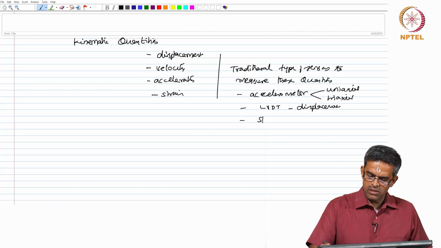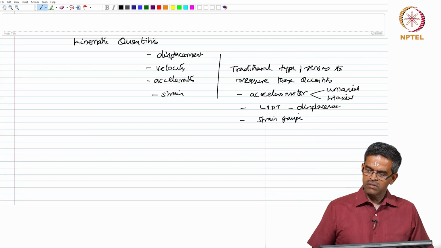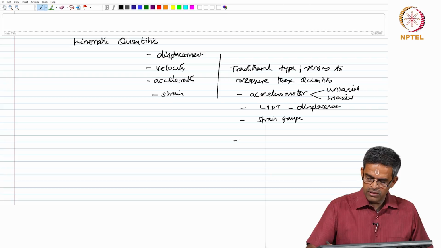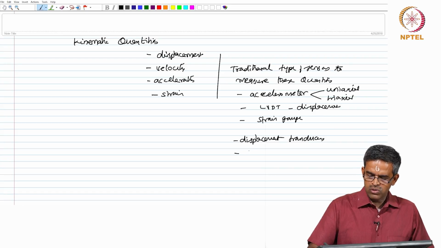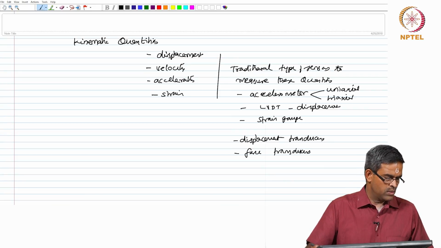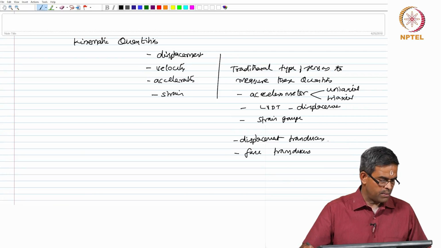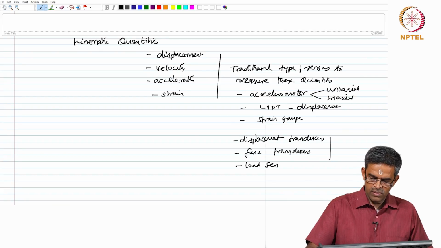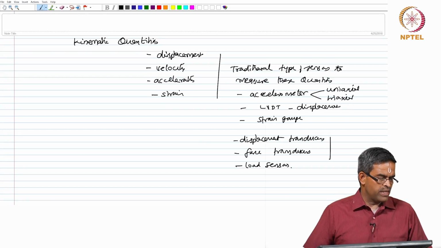One can use strain gauges to measure the strain, etc. One can use displacement transducers and force transducers to measure dynamic responses. One can also use load sensors to measure the variation in the loads.